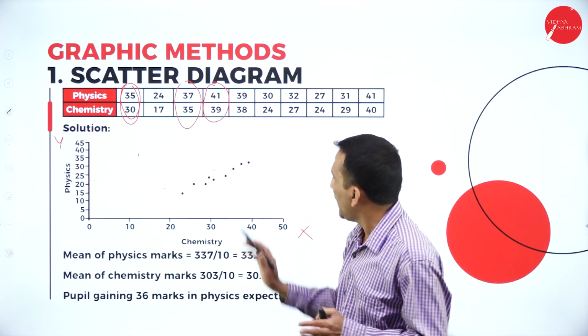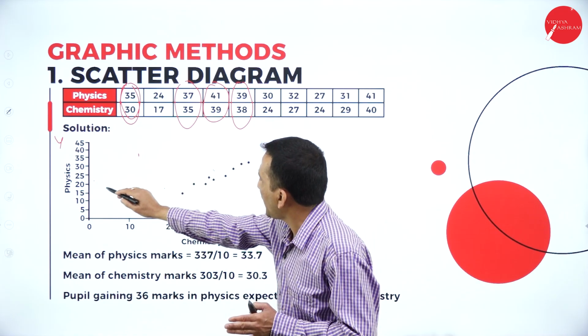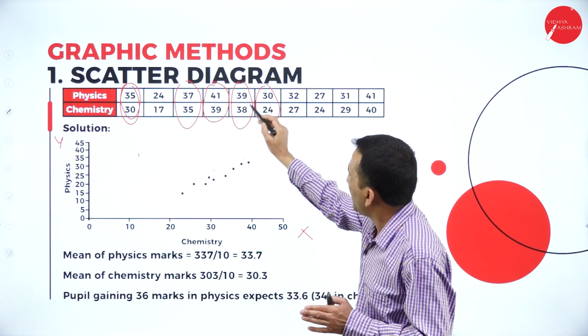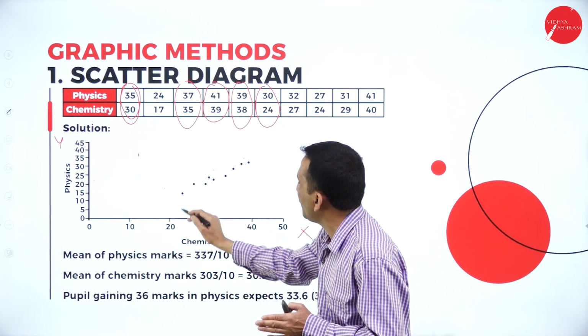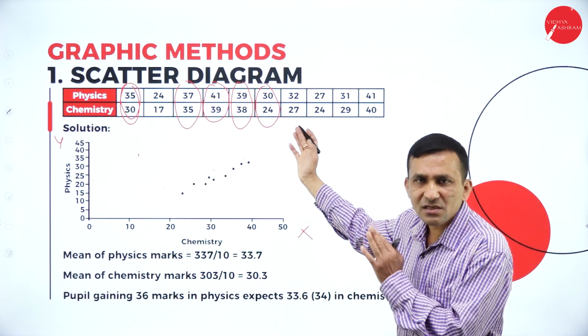Another pair is physics 39 and chemistry 38, somewhere here. And physics 30 and chemistry 24, somewhere here, one dot. These are not in ascending order; they are mixed values.